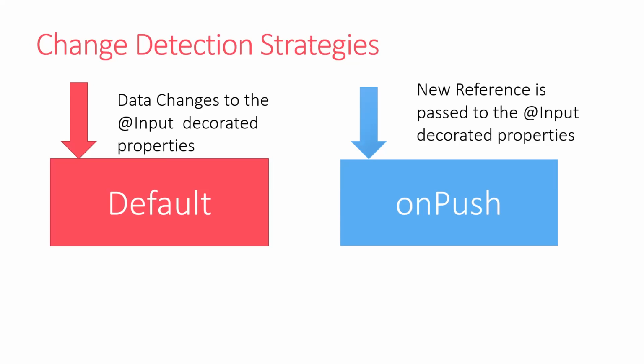And of course, besides passing a new object to input decorated properties, if one of three things happens, the change detector will definitely run.